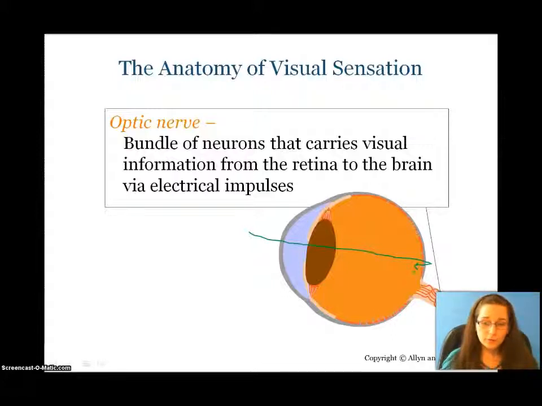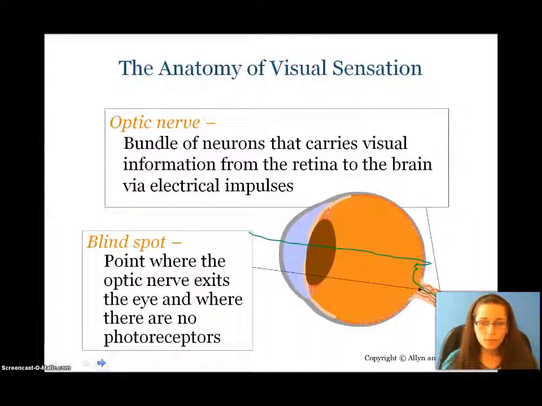When it bounces forward, it then travels down the optic nerve, which is what connects the eye to the rest of the brain. Because the photoreceptors are where the transduction is going on, we then take that information, which is now a neural impulse, and travel it to the rest of our brain.